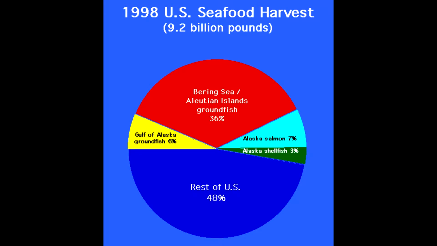You can see that much of the United States harvest comes from Alaska, in the Bering Sea and around the Aleutian Islands. So that's a huge fishery there. But then, of course, the United States has long coastlines in both the Atlantic and Pacific, and these are also substantial fisheries. Right off the coast of New England here, we have a rather substantial fishery.